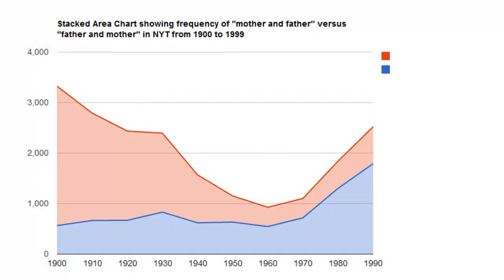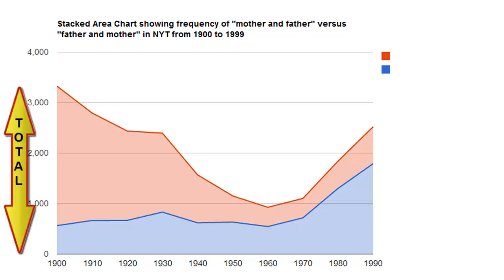As you can see, in a stacked area chart, the data associated with one entity is stacked on top of the data associated with another entity. So, when you look at the year 1900, you can see that the total number of instances of mother and father and mother is over 3,000.